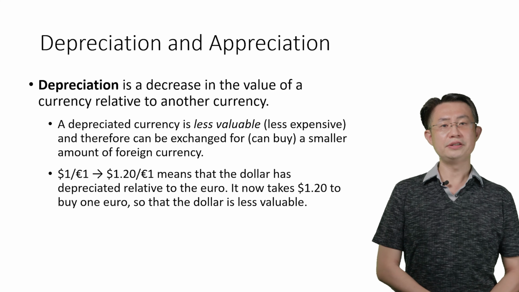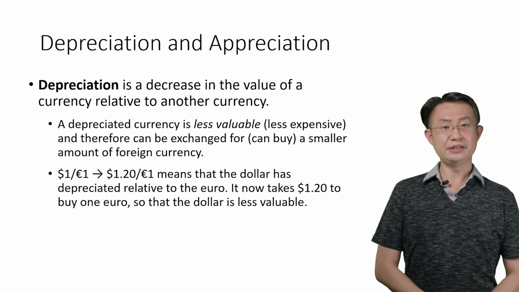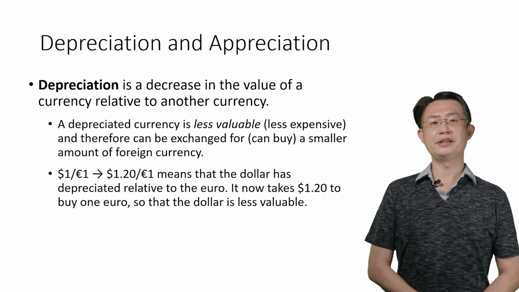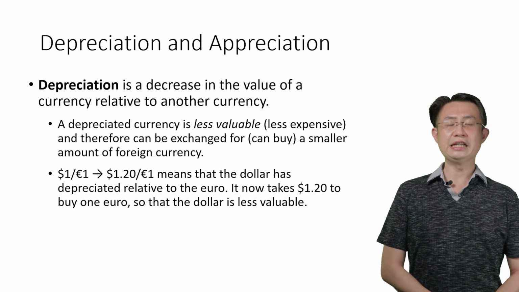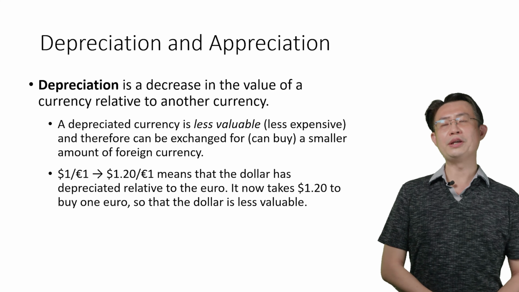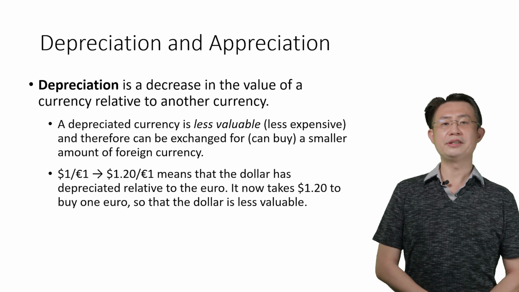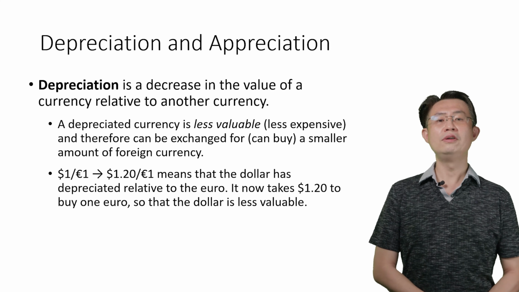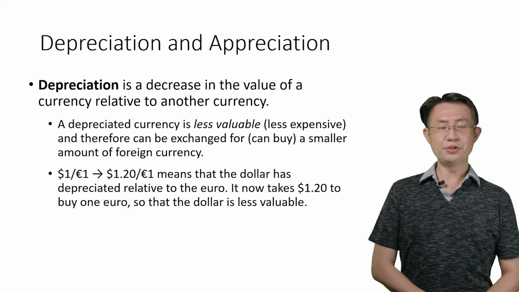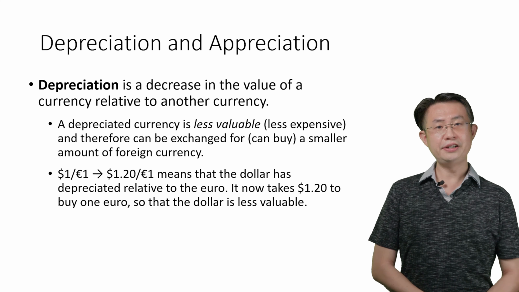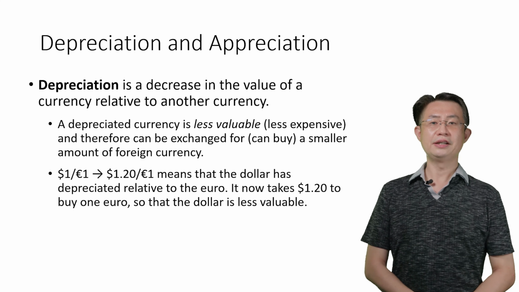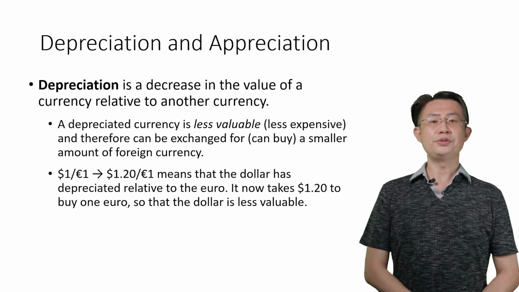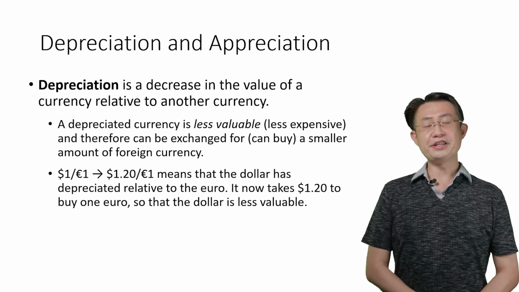That means in this example, the euro appreciates. At the same time, the US dollar depreciates. Why? Because initially 1 euro could exchange for 1 US dollar, but after the exchange rate goes up, 1 euro can exchange for $1.20. So in this example, we can say the US dollar faces depreciation.